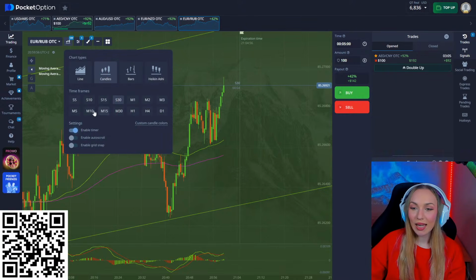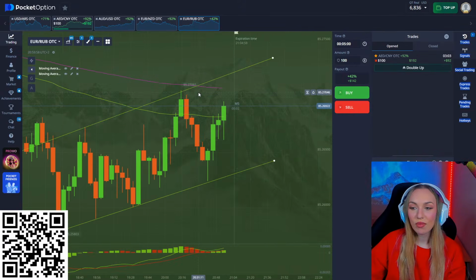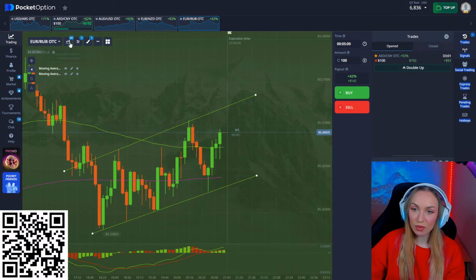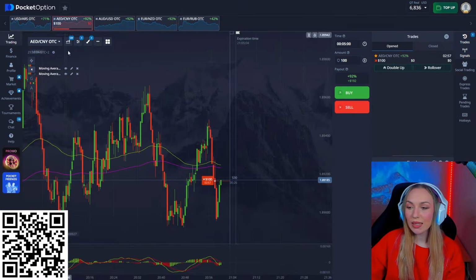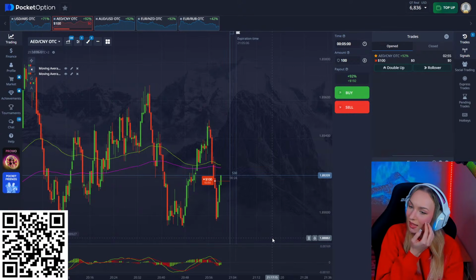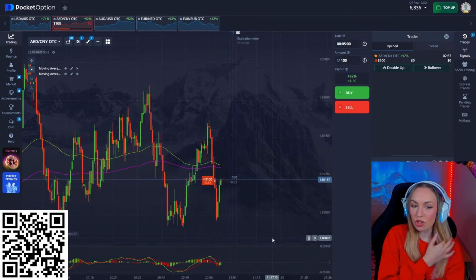Because we did an analysis on a higher time frame, so we know that the price is going up to touch the resistance. And AED/CNY, oh my god, is it a correction?